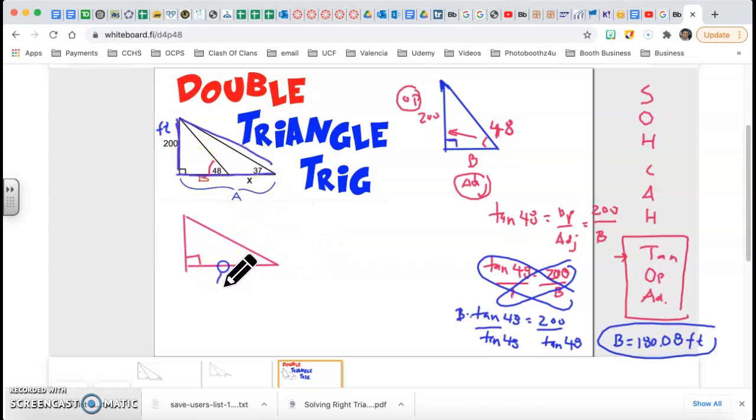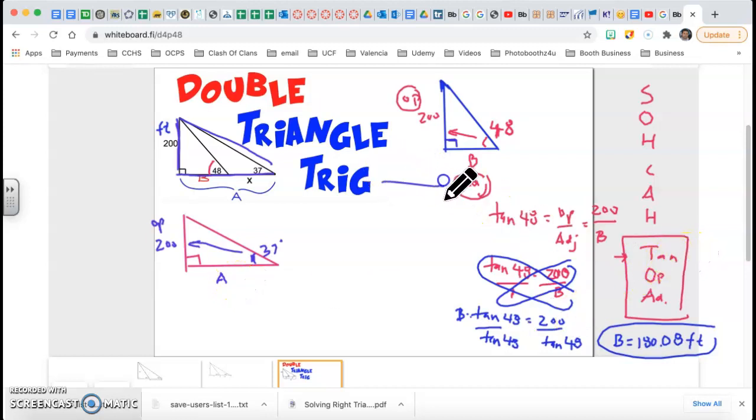The bottom is A. The angle on the right side, my acute angle, is 37 degrees, and my left side is 200. So if you notice, I have the same thing. I got my angle 37, my A is my adjacent to 37, and the 200 still is my opposite side. So I have opposite over adjacent. Therefore, I still use tangent.